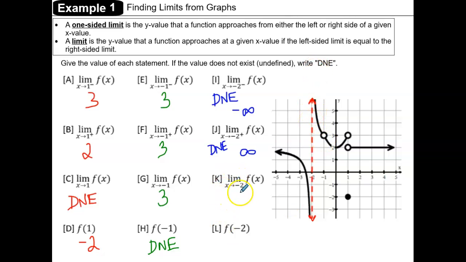Okay, the limit for x approaching -2 from the right and the left are headed to two different directions. So this limit does not exist. But it would be fine to say that this is headed to positive and negative infinity, just to clue you into what's happening on the graph. And f of -2 obviously is undefined because that is the location of the vertical asymptote, and nothing can touch or cross that asymptote.